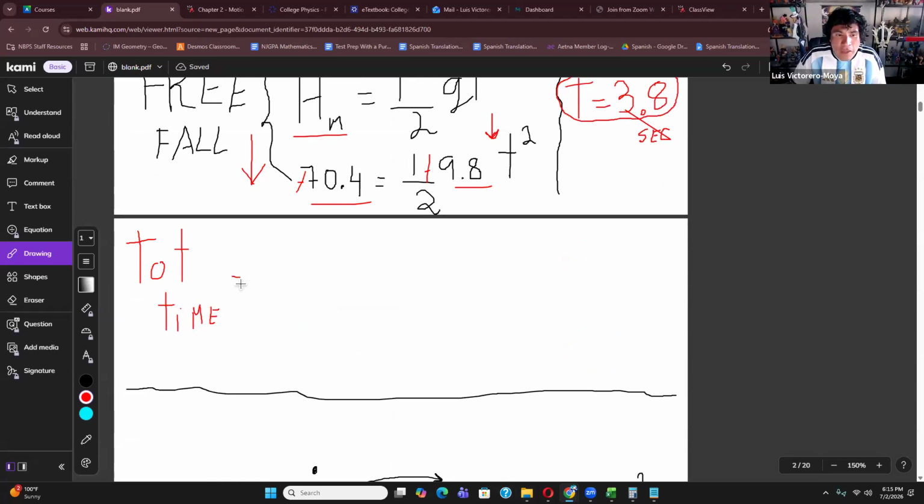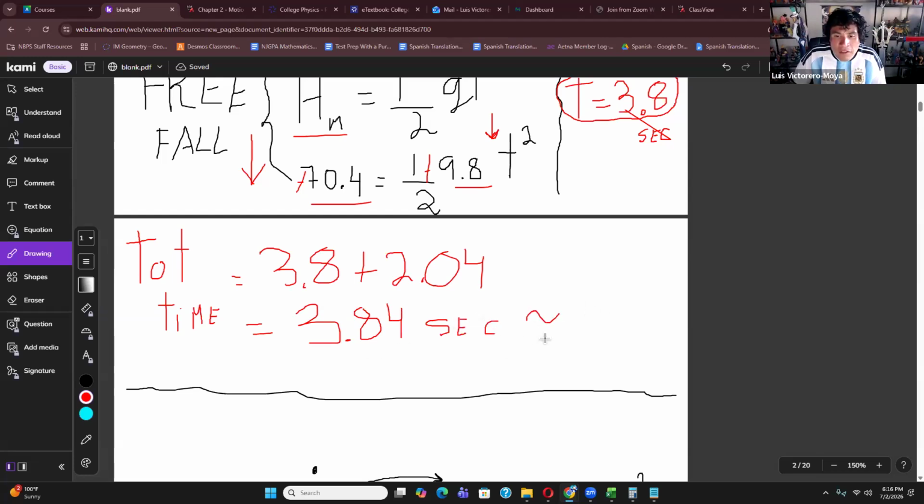It's 3.8 plus 2.04. So 5.84, and if you're required to round in proper sig figs, it will be 5.8. So about, this means approximate, 5.8 seconds. All right?